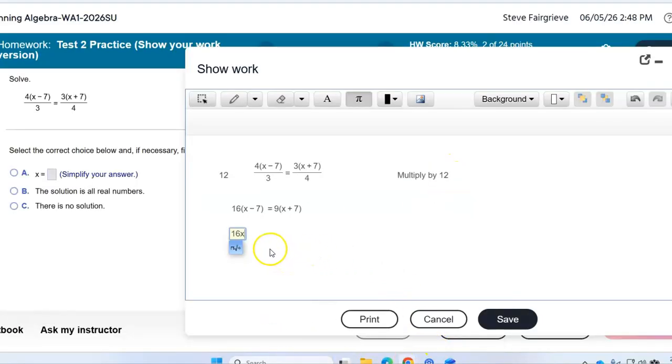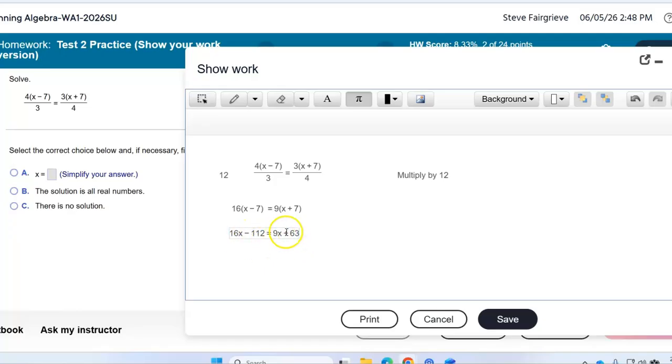Let me put my work back over here. 16x minus 112 equals, now on the other side here, 9 times x will be 9x. 9 times 7 will be 63. Right? And so at this point, I need to get the variable onto one side and the number term onto the other side.